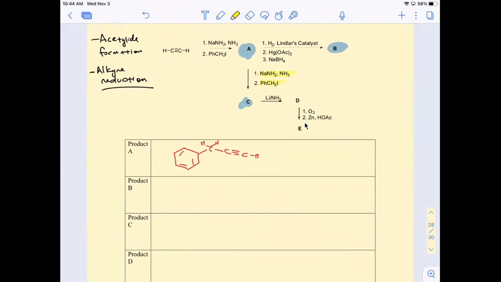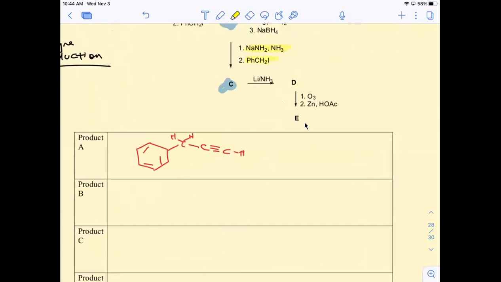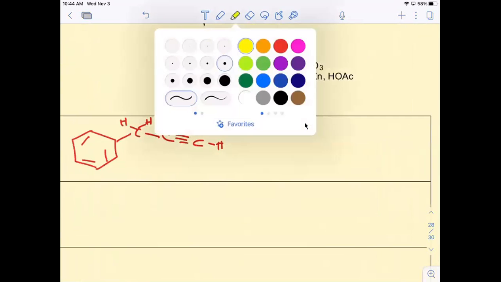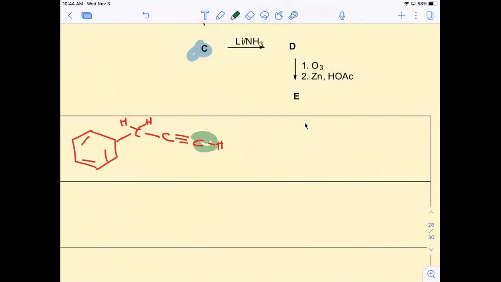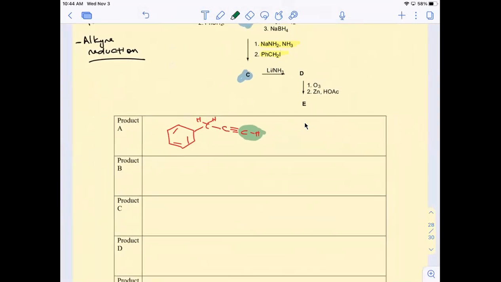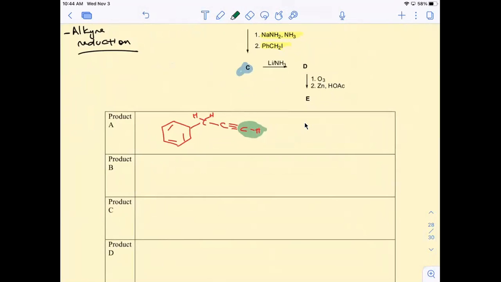What would that set of reagents do to this alkyne right here? Would it attack that hydrogen and then attach it? Yep. We're doing the same reaction, but just doing it on the other side.